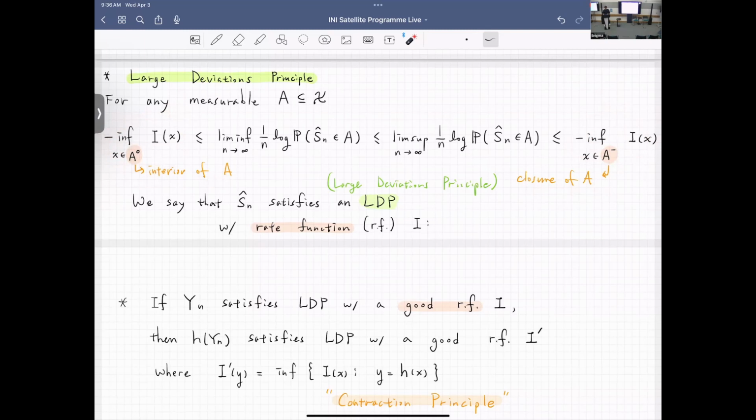If you have a finer topology, then the closure will be closer to the original set, and the interior will also be closer, smaller than the original set but closer to it. That means a closer approximation of the original set, so these two will be closer to each other, and you get a tighter bound.